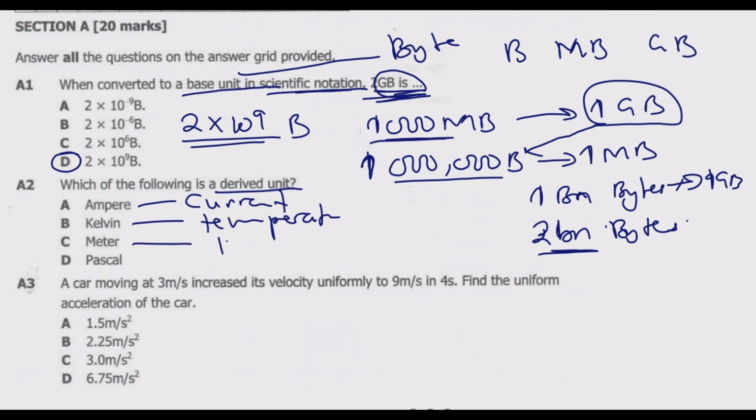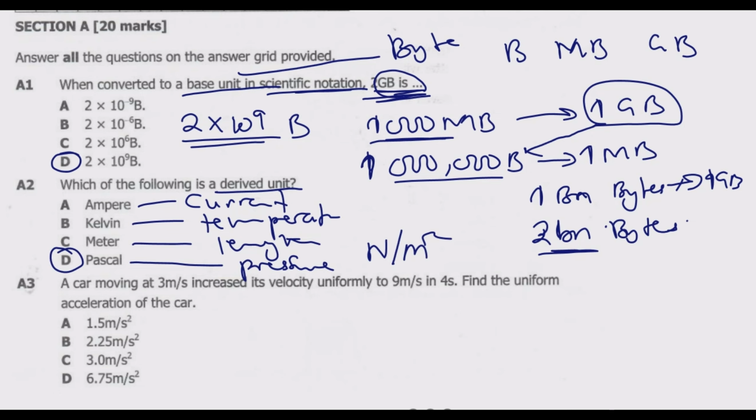Then meter is basically length, which is just the base. But Pascal is basically pressure, which is a derived measure, which is basically Newton per meter square. So you know D is the best answer in this case.